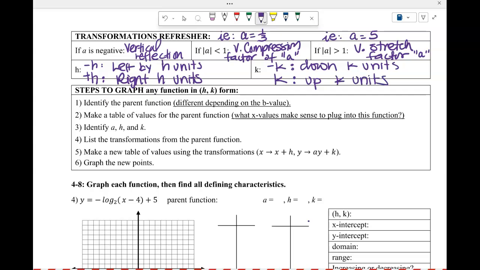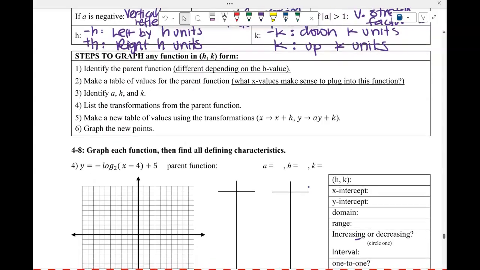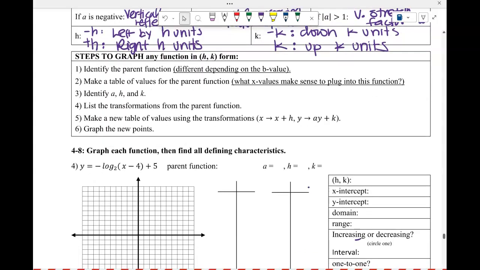Now, below this chart right here, you guys have seen this all year long. This is steps to graph any function in HK. First, we want to figure out what your parent function is. Make sure you look for the base, the B value. Then we're going to make a table of values for the parent. Make sure we understand what X value or sometimes Y value to plug in.